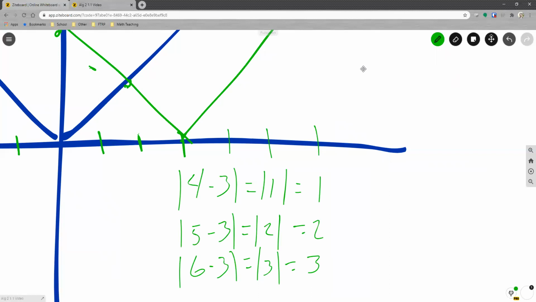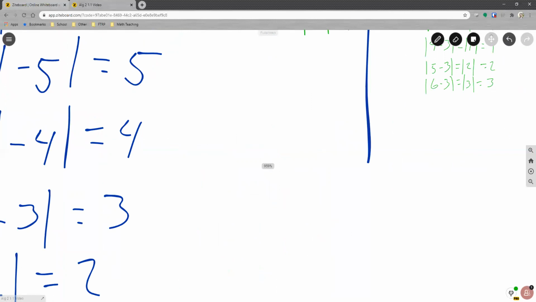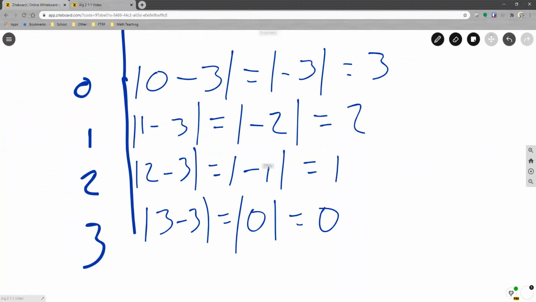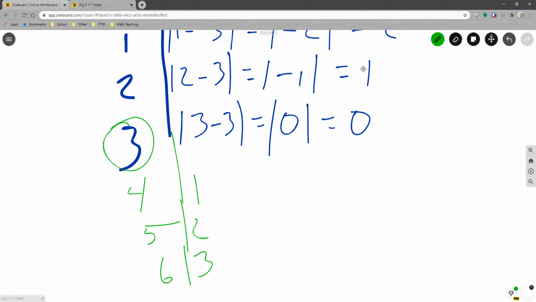So if I were to continue my chart over here with 4, 5, and 6, I would have gotten 4, 1, 5, 2, 6, 3. So it starts going back uphill after we reach 3 on the x-axis.